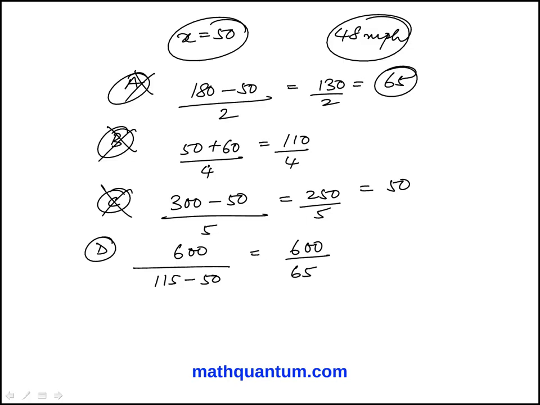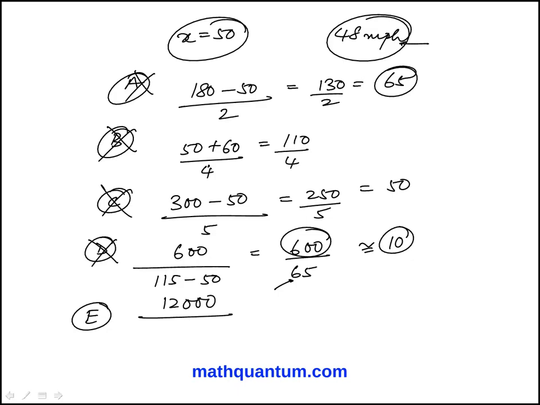So here I know that this is 13 times 5, so it's not going to give me exactly 48, but you'll see that this number is about 10. So that's another way you could do it. And then the last one is 12,000 over 50 plus 200, which is 250. And then 25 goes into 100 four times, so 12 times 4 is 48. So that is indeed the answer. So that's the other option, to do it this way.